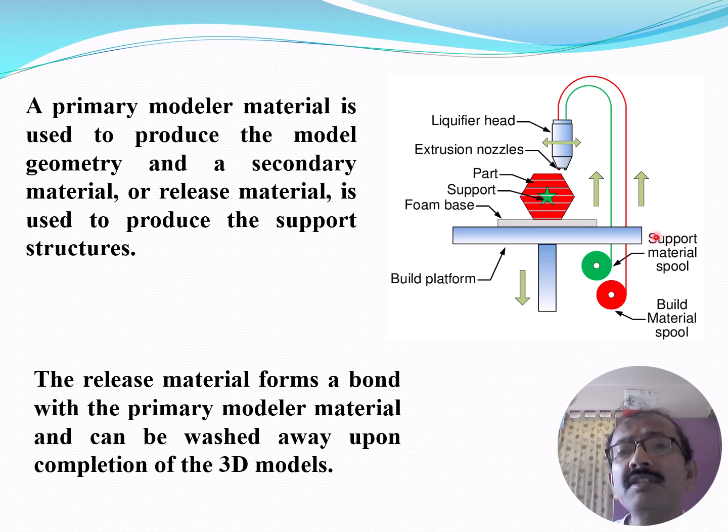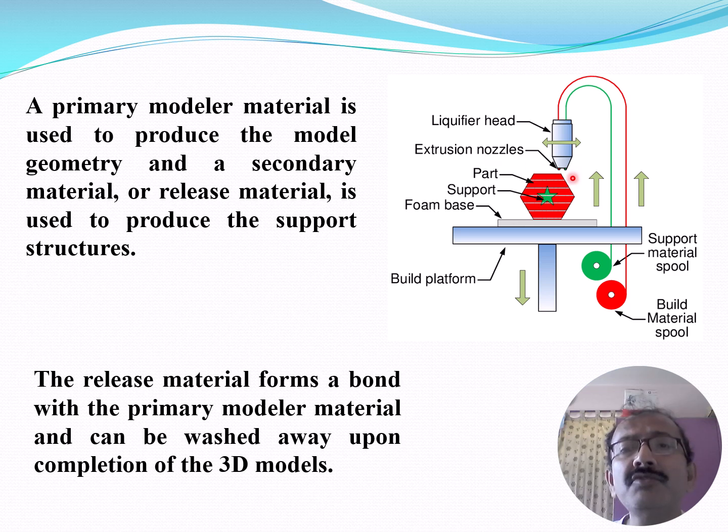So this is the support material and this is the build material. The build material is coming through this build material spool, and the green color is the support material.